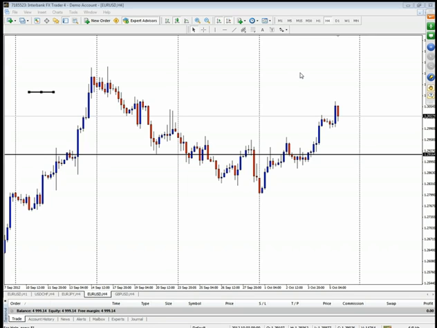But what I'm trying to say is the market is not as complicated as people think, okay? There's natural market flow to it. Like this part I told you guys about, the natural market flow.